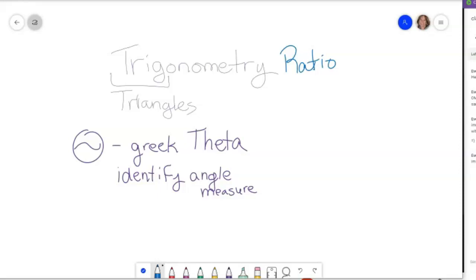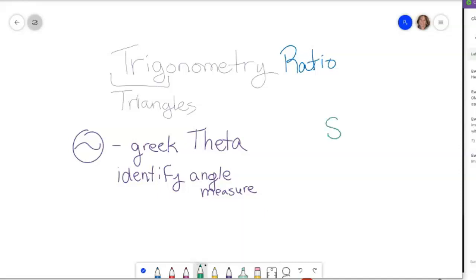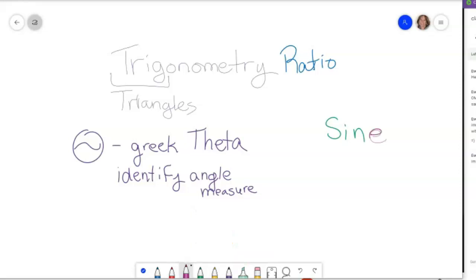So trigonometry is a set of the 3 primary ratios, and you've probably seen them before. For starters, I will correct you. It's not sin, it's sine. You've seen these on your calculators.